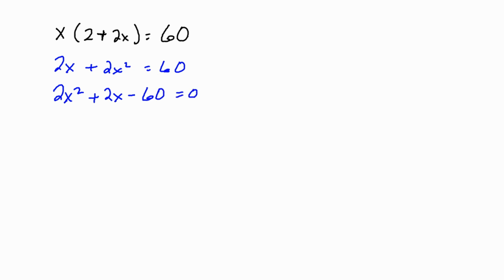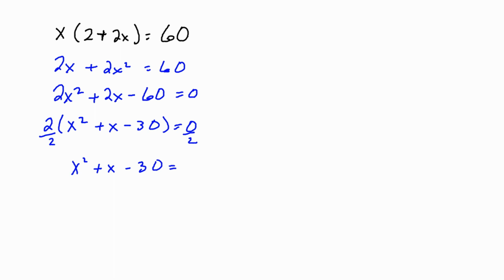Factor out the 2, parentheses, x squared plus x minus 30 equals 0. I can divide both sides by 2, which gives me x squared plus x minus 30 equals 0. I need two numbers that multiply to be negative 30 but add to be 1.